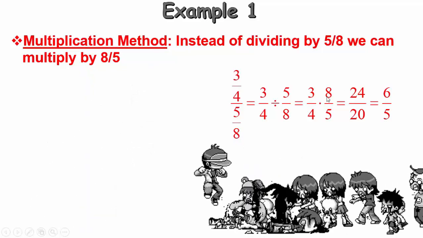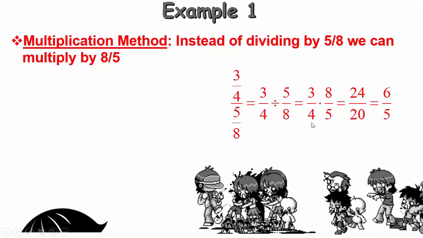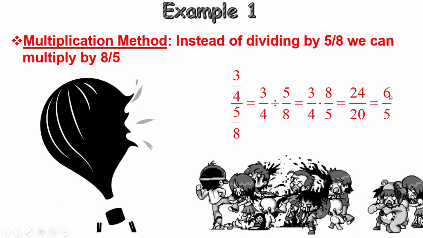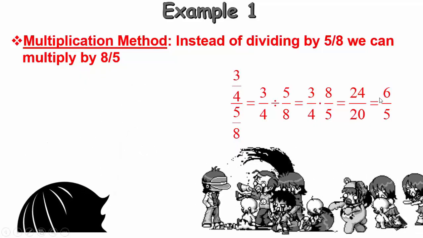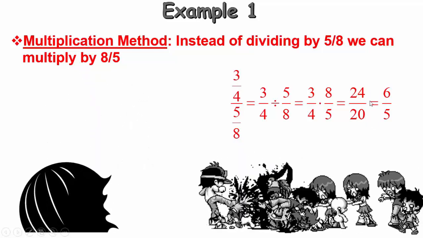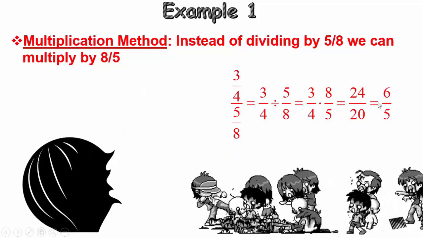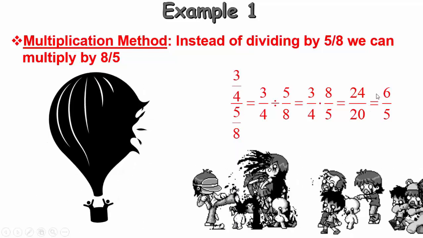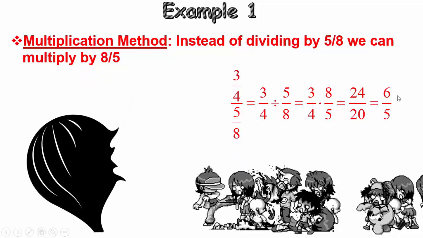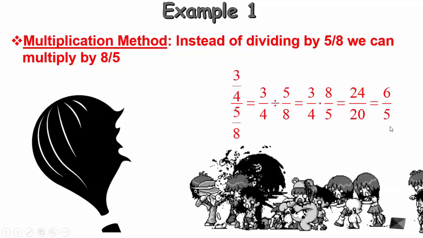And we see that 3 times 8 is 24, and then 5 times 4 is 20, and then we reduce, because both of them are divisible by 4, so 24 divided by 4 is 6, and 20 divided by 4 is 5.